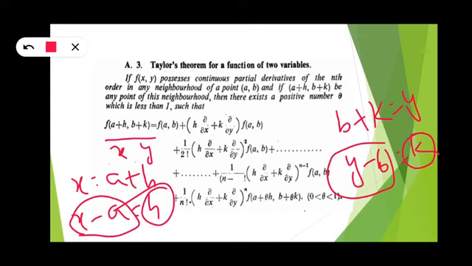So then f of a plus theta into h, meaning x minus a, so here we write x minus a and here we write y minus b. So f of a plus x minus a of theta comma b plus y minus b of k, where theta lies between 0 to 1.